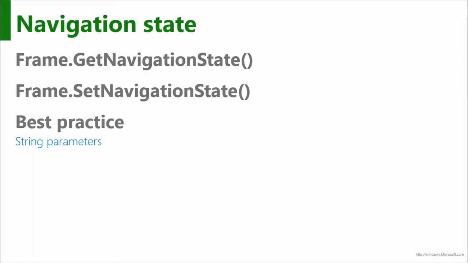When you are suspending, you can call frame.getNavigationState, and that returns to you a serializable representation of the page history, where the user currently is in your app. You know, both the back stack and the front stack, and the ability to go forward. Yeah, that's right. So you can just get from the frame a snapshot of how the user has been interacting with your application up to this point.